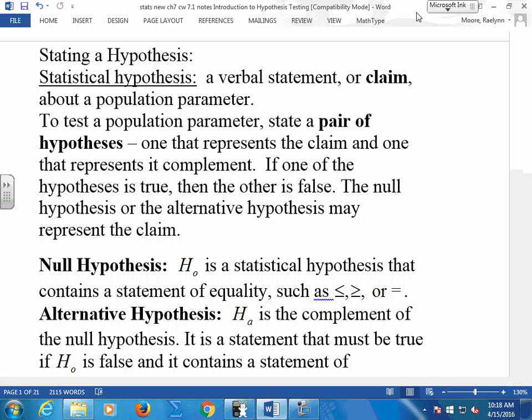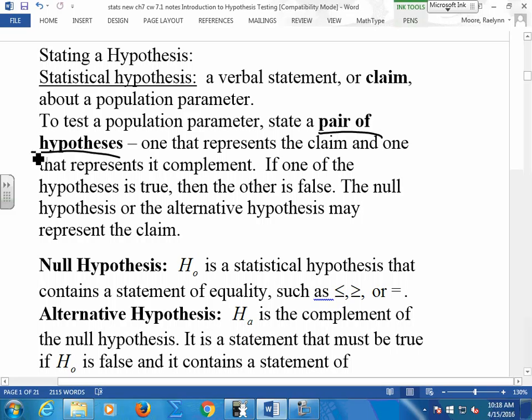The one thing to get down pat is that you always get a pair of hypotheses. You get a null, and you get an alternate one. One represents the claim, and one represents its complement, what is not the claim.